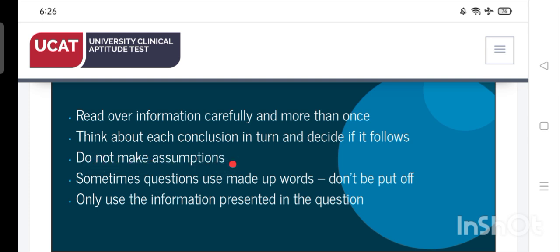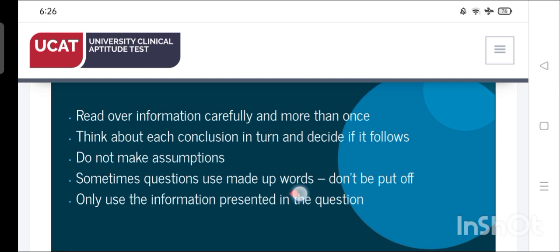Do not make assumptions. That's the main point. You don't need to assume that maybe it could happen, or maybe they are saying it like this. No. Whatever information is provided to you, you just have to conclude from that information. You don't need to make any other assumptions by yourself.